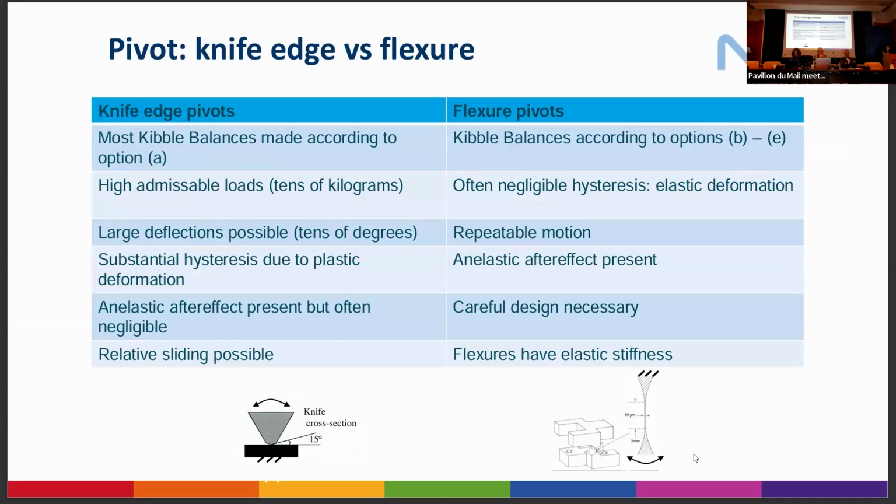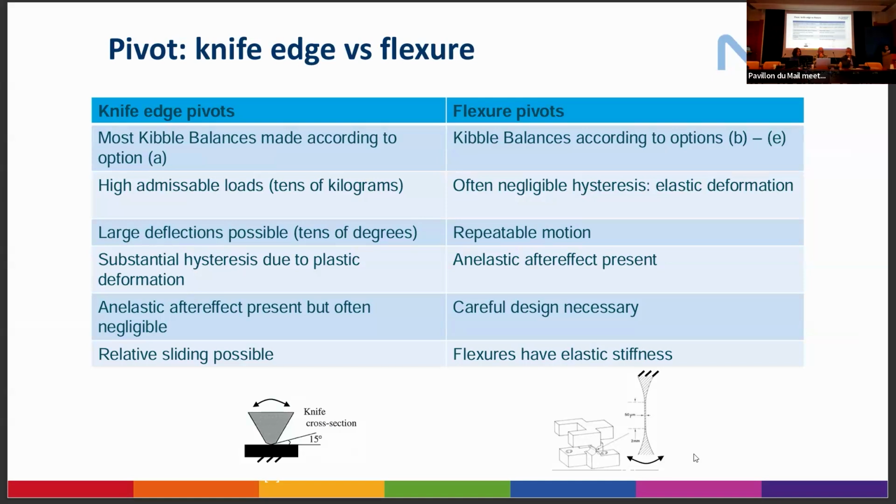Now, for the pivot, in the literature, there are two things we're using. We're using knife edge. Most of the Kibble balances that I presented in option A have traditionally used knife edges. And the reason for that is because you can suspend tens of kilograms of load. Like NIST-2 and NIST-3 were about 50 kilograms.